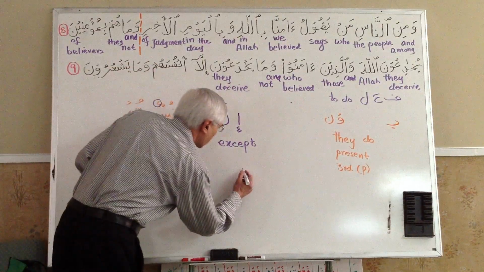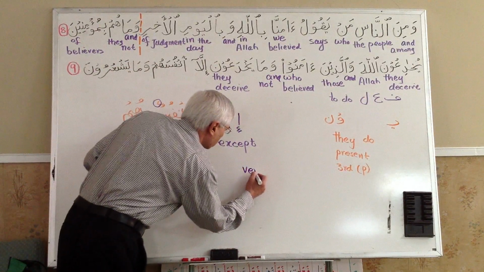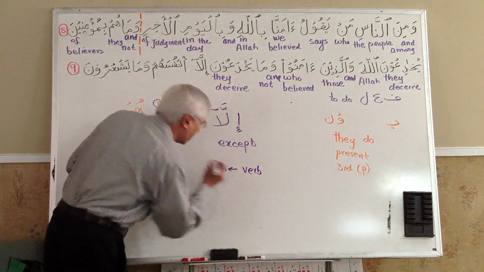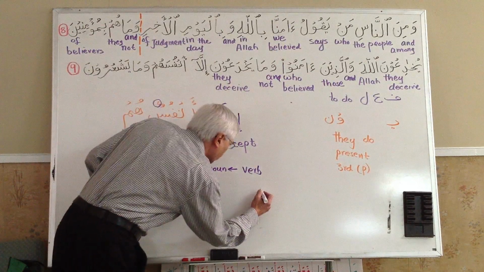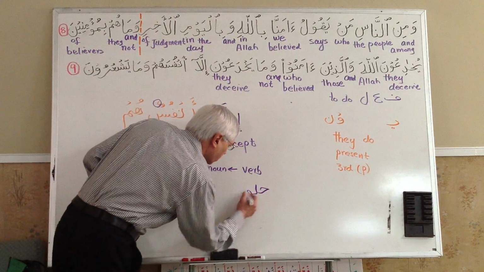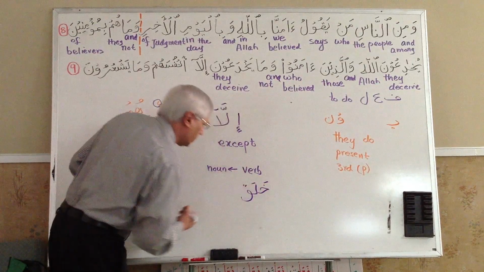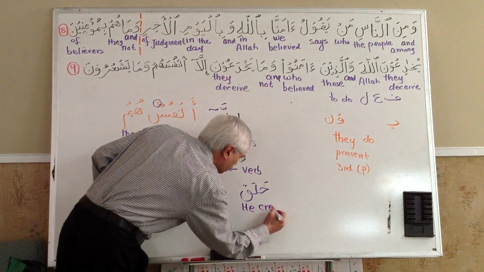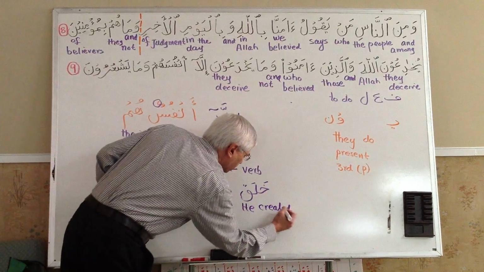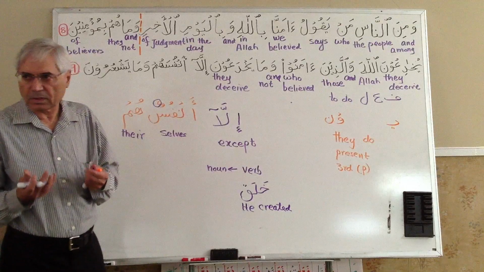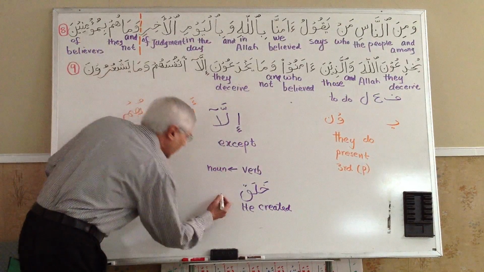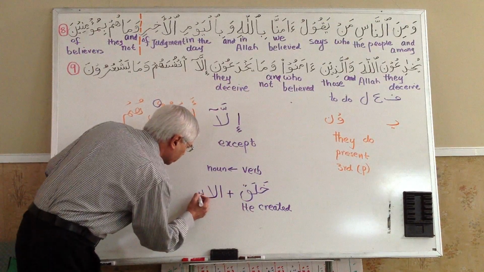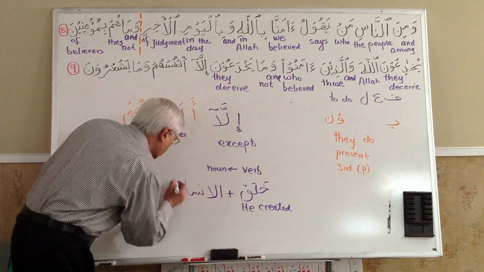So the second thing is that if you have a verb and you have a noun that comes after that. Let's see the example that we use here. Khalaqa. Khalaqa means he created. It's a verb, it's action. And the other word, let's call it al-insano.